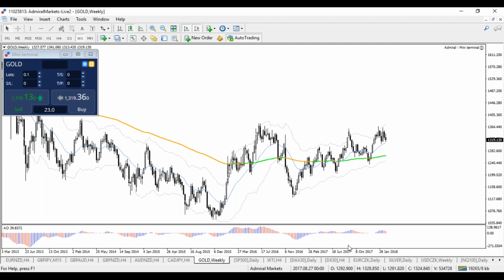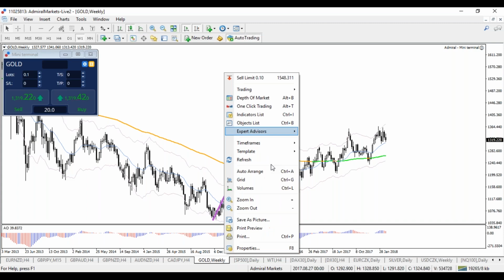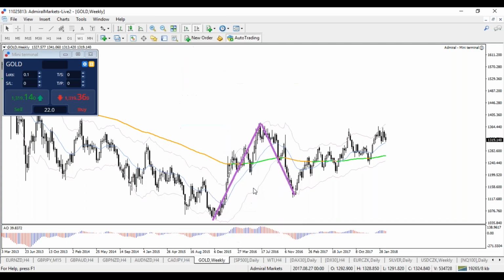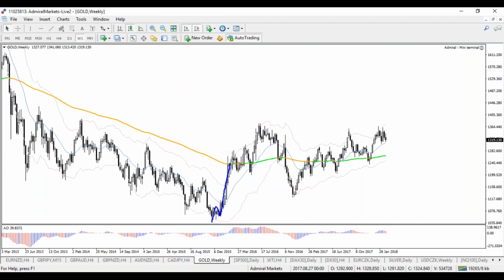There we go. So expecting 5 waves up, then 3 waves down, like this. Well, let me do that not with the trend lines, but one second. So for the moment, it looks like wave 1, 2, 3, 4, 5, and an ABC like this to me. And then up.